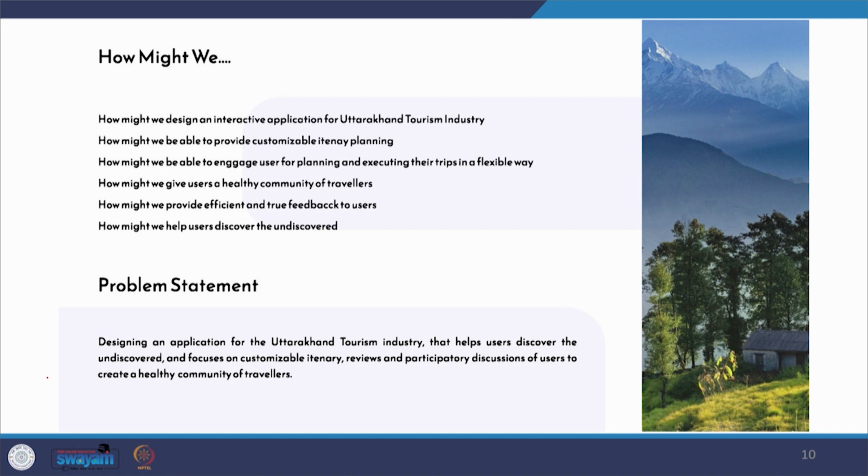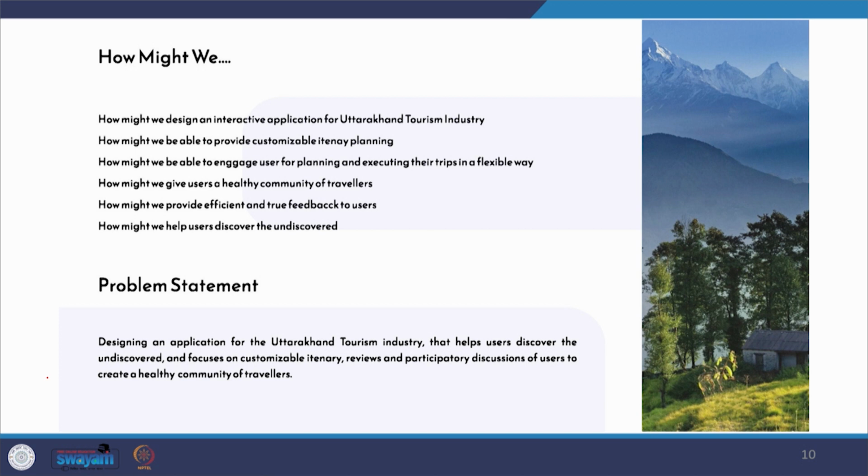Now how might we questions are basically a brainstorming technique which is used to reframe problems or challenges into opportunities for creative problem solving. These questions encourage innovative thinking and they open up possibilities for generating new ideas and solutions.